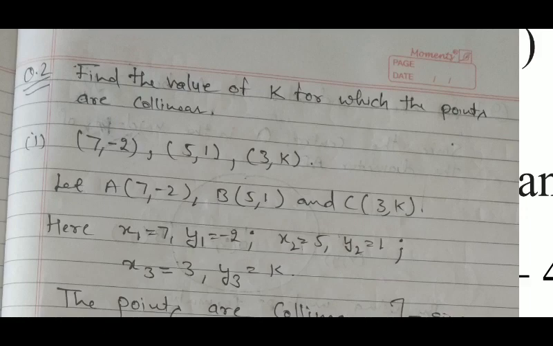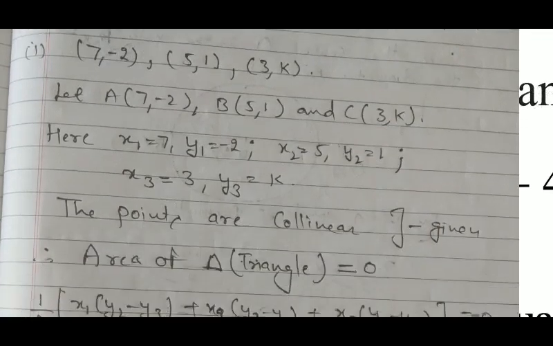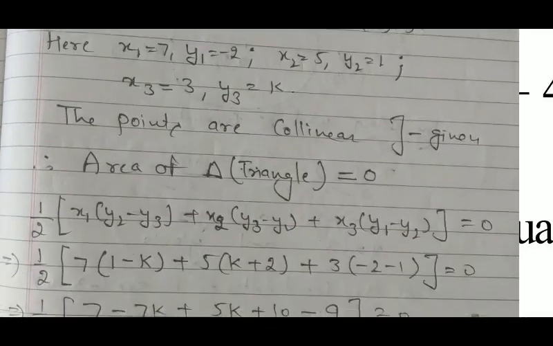Here the coordinates of A are (7, -2), the coordinates of B are (5, 1) and the coordinates of C are (3, k). You will compare the coordinates of A with x1 and y1, the coordinates of B are x2, y2 and the coordinates of C are x3 and y3. Now the points are given, so we can write here the area of the triangle is 0.